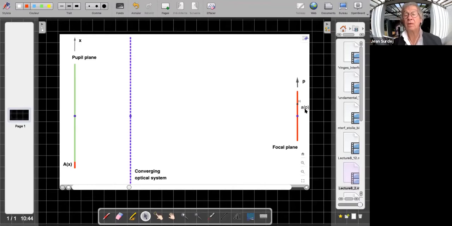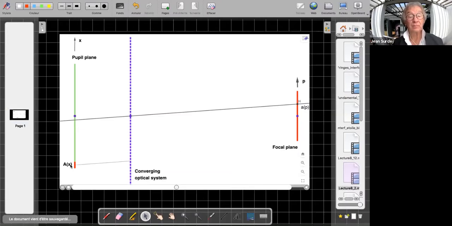Through this point, we have represented a line which represents a light ray coming from the left, passing through the optical center of the lens, so it's not deviated, and it's intersecting the focal plane at the point H. If you want to know, from the red segment, the light path followed by a ray which will converge at the point H, we just draw here the intersection of that light ray, which is parallel to the previous one, and which, of course, converges at H.